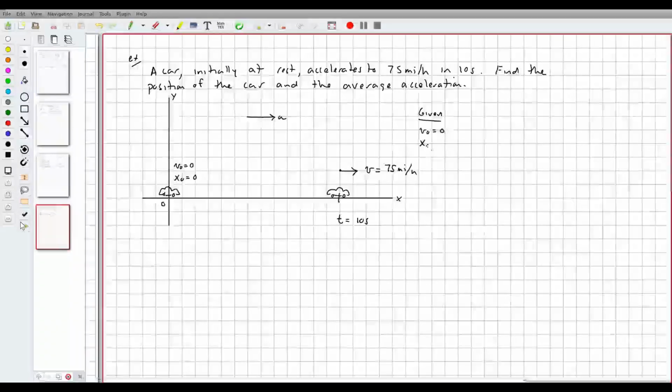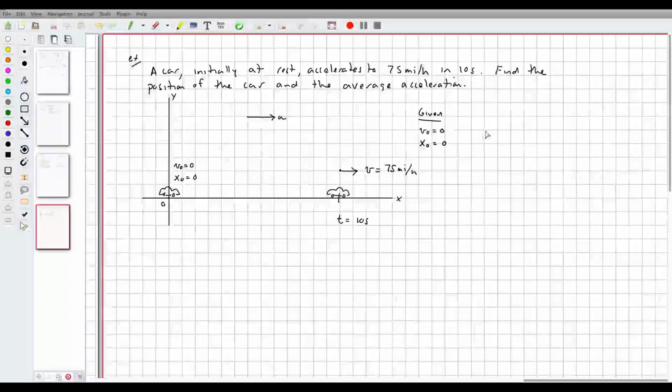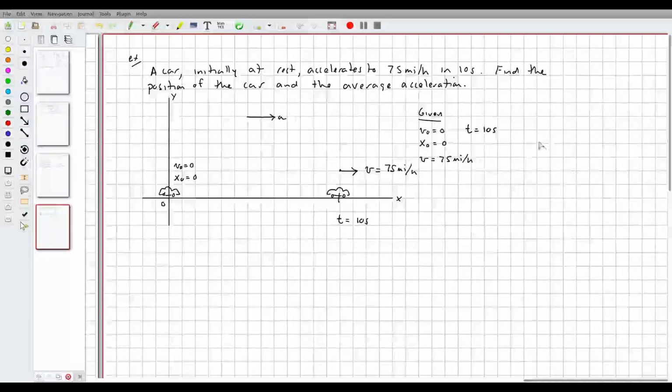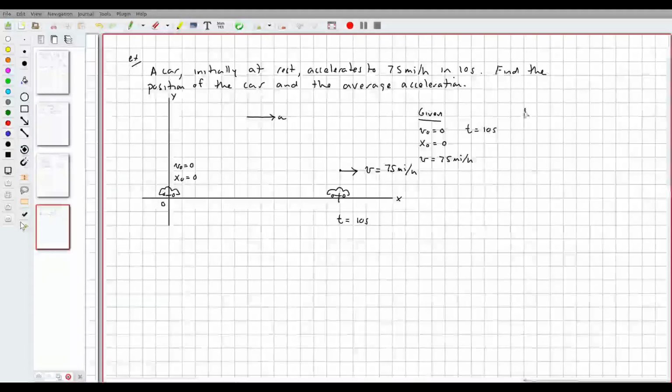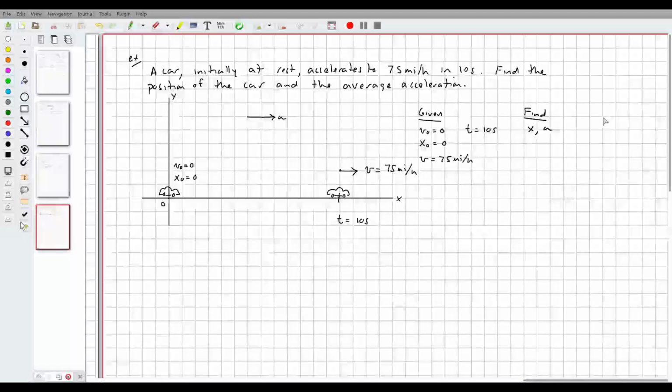I've set things up so my initial position is 0 as well to make my life easy. I have a final velocity of 75 miles per hour, which we're going to have to convert. I also know that that's going to happen at 10 seconds. Now, what I would like to find, according to my problem, is x and also a.